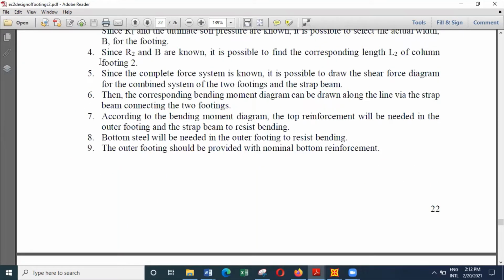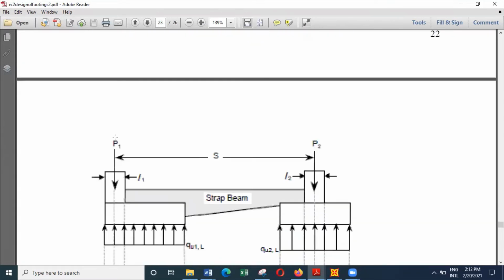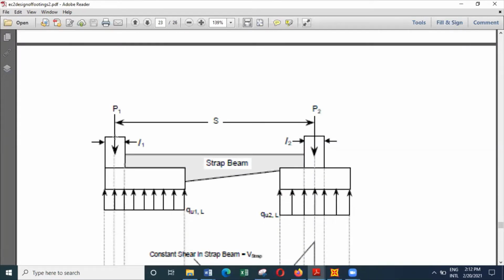attend the problem. The steps are given here, but we look at the steps by using an example. So initially you have P1 and P2, and we have already selected an eccentricity.